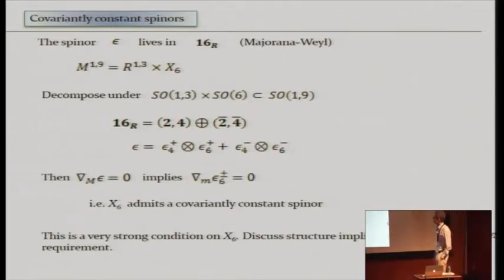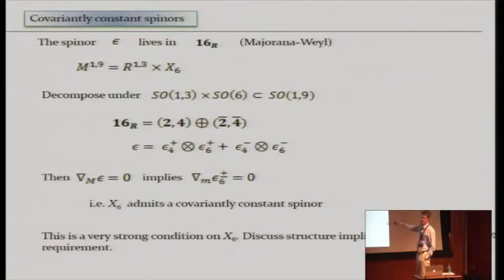Now the supersymmetry transformation we'll be looking at will just be constant in the Minkowski space directions. The interesting part comes from this. The epsilon 6 plus and epsilon 6 minus are going to have some non-trivial profile over the internal space. The covariant derivative of epsilon is only really interesting if you look at the covariant derivative along the internal directions.